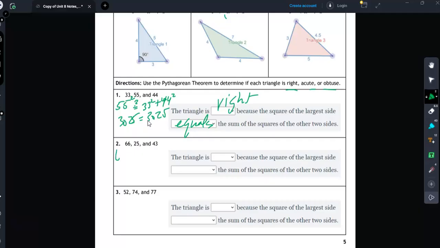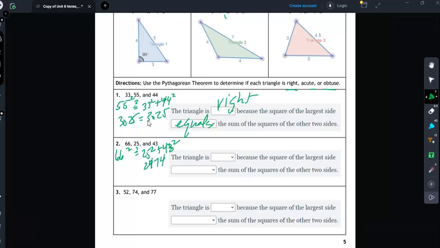Okay. Same thing with this. We're figuring out 66 squared. What is it? Is it equal? Is it less than? Is it greater than? 25 squared plus 43 squared. So 25 squared plus 43 squared, that's 2,474.